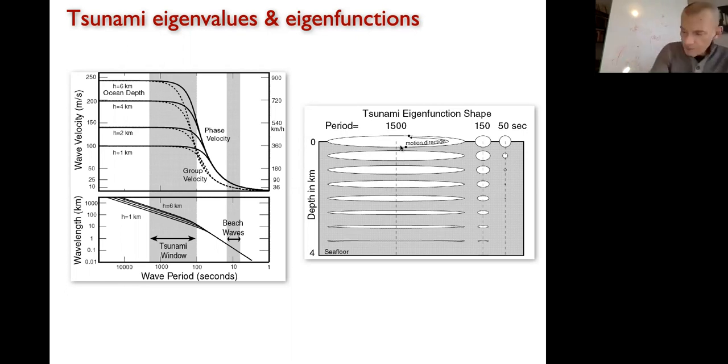You have an ellipse, a typical ellipse of a gravity wave, and actually the vertical component is decreasing with depth. And then if you go to very short periods here, you have a typical and beautiful vision of deep water waves, and you have a circle whose radius is decaying very rapidly with depth.